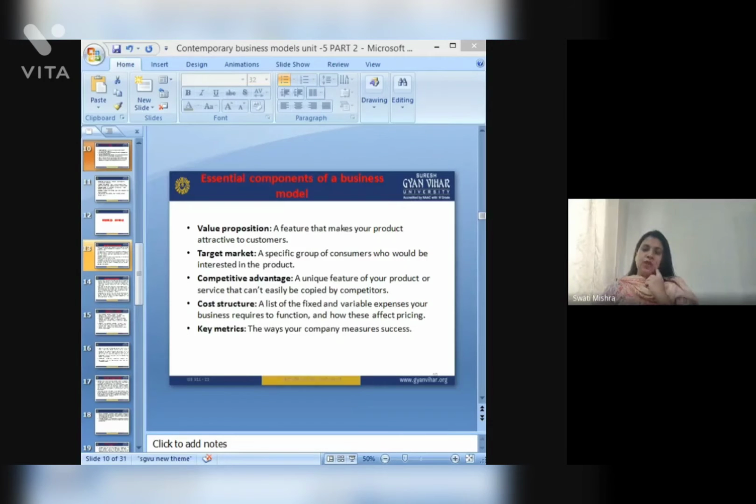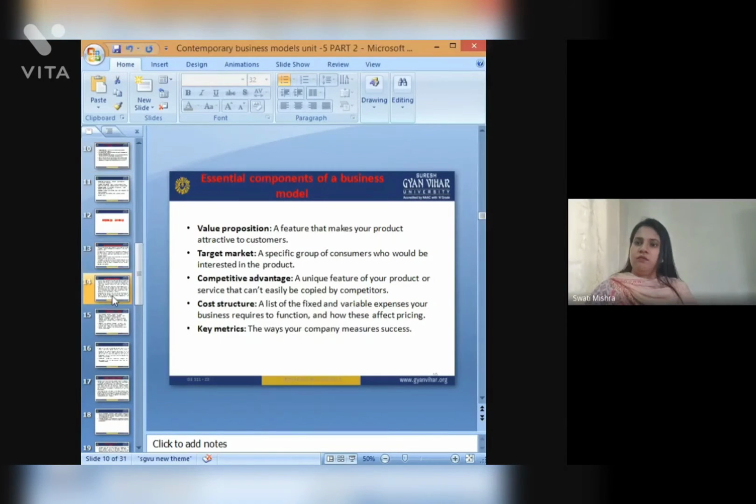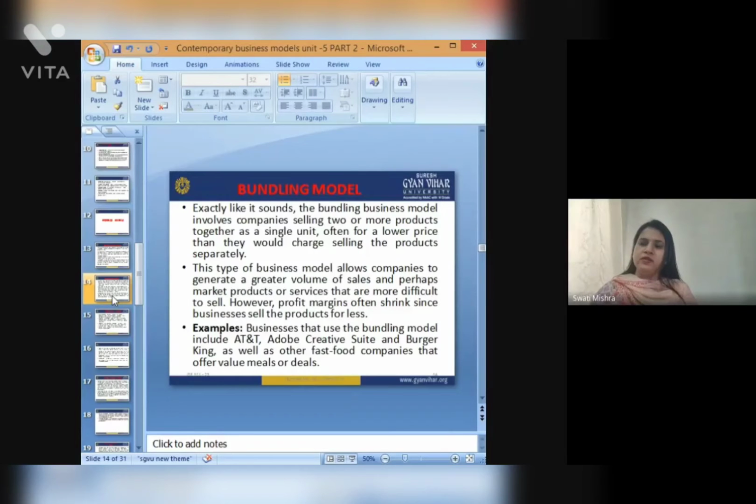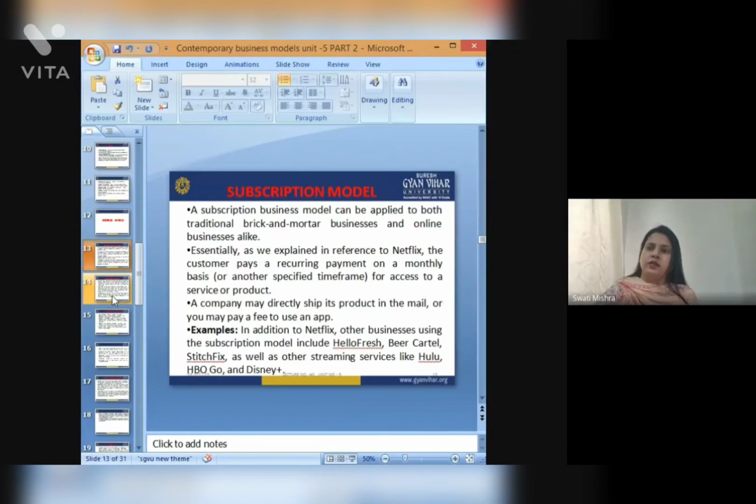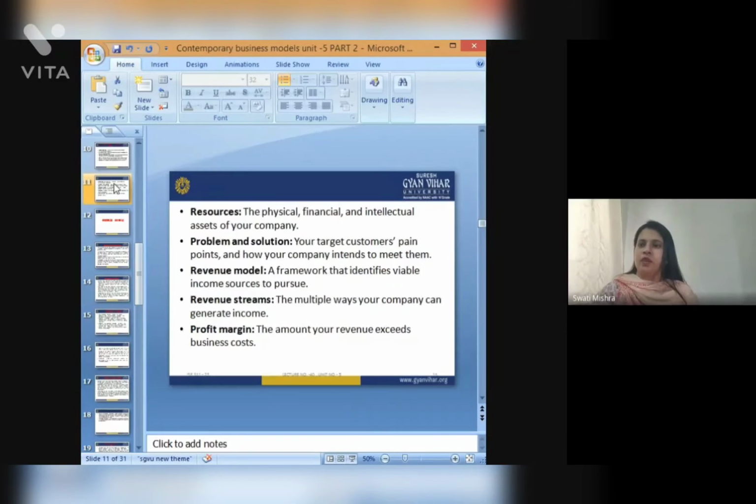Okay, so these are the key metrics. Then once we have understood these major important aspects of creating your business value, there are a few more to be kept in mind.